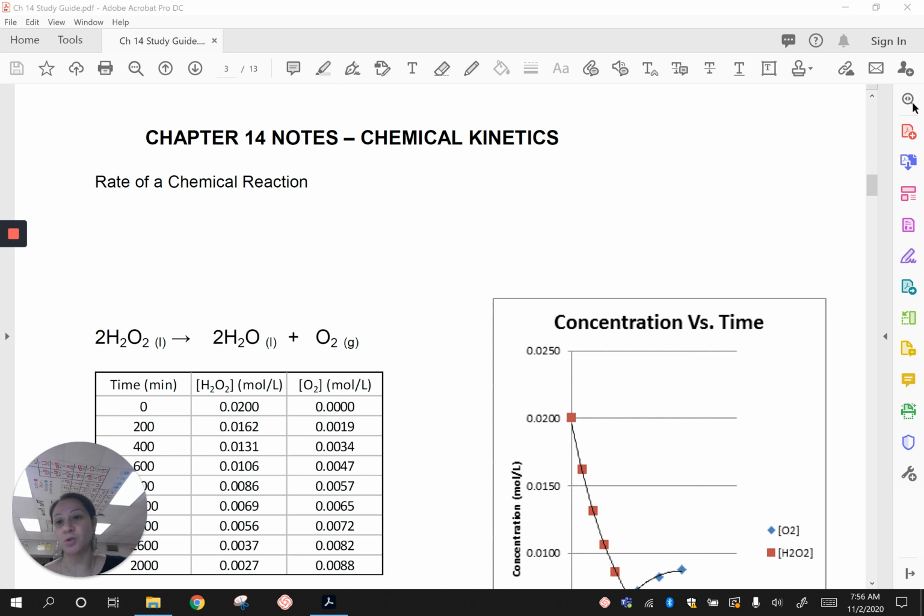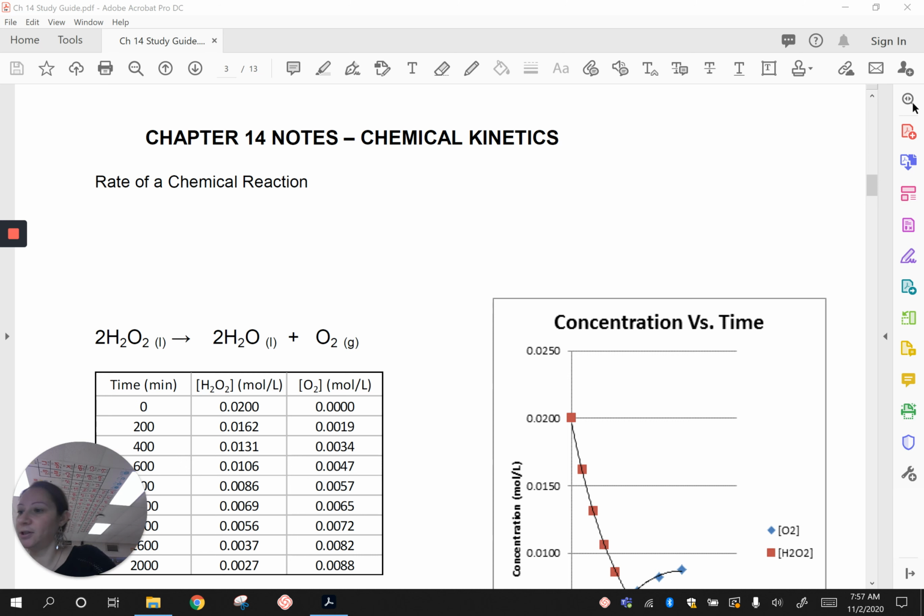In a chemical reaction, what changes is the concentration of your substances. As you start out, you have a lot of reactants. When time goes by, they get used up, so the concentration of the reactants decreases. Or you can think about the products. You start with no products, and over time, the concentration of the products increases. So the rate of a chemical reaction will be the change in concentration over time.